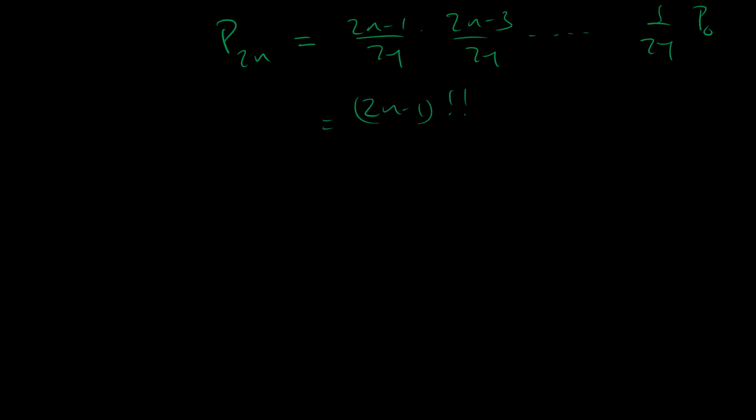So in other words, our P2n, which was 2n minus 1 over 2y, 2n minus 3 over 2y, down to P0, is the same as 2n minus 1 double factorial over 2y to the power n times root of pi over 2 root of y.